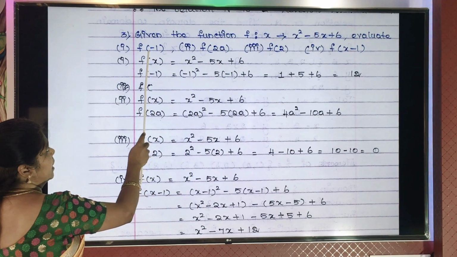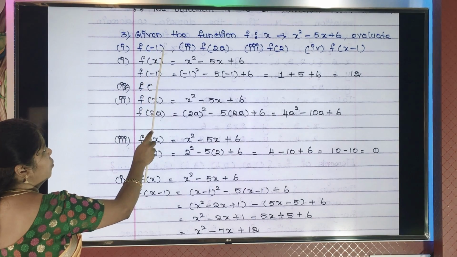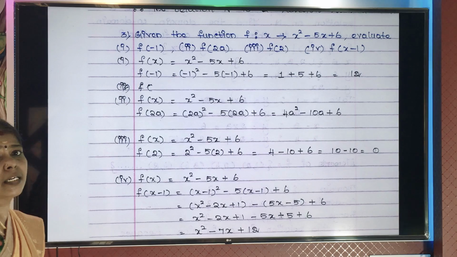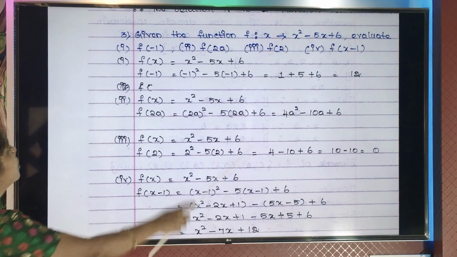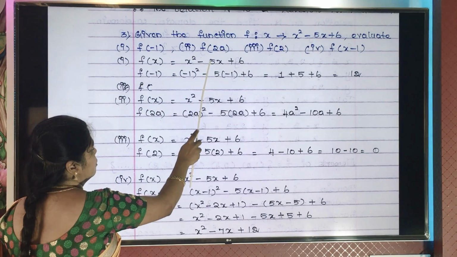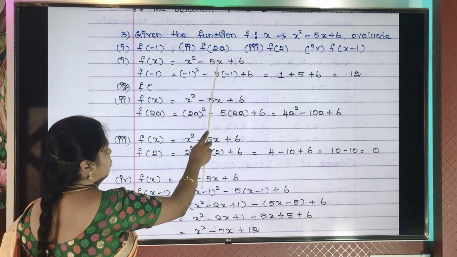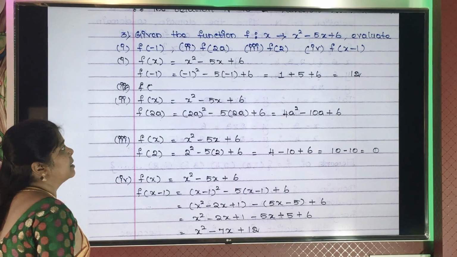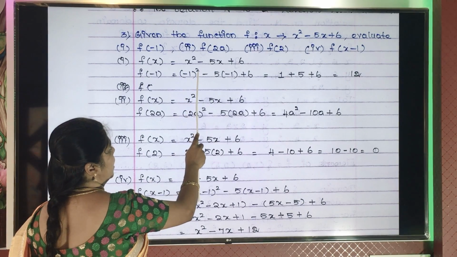Now the first question asked is f of minus 1. In the place of x, I need to substitute minus 1. Okay. So this becomes minus 1 squared minus 5 into, in the place of x, again minus 1, plus 6. Now please simplify. Minus 1 squared means what?